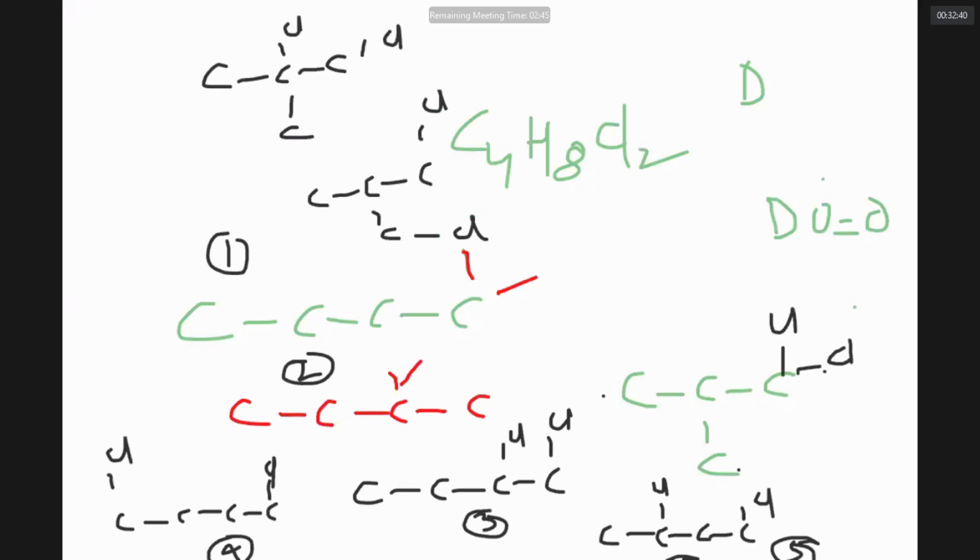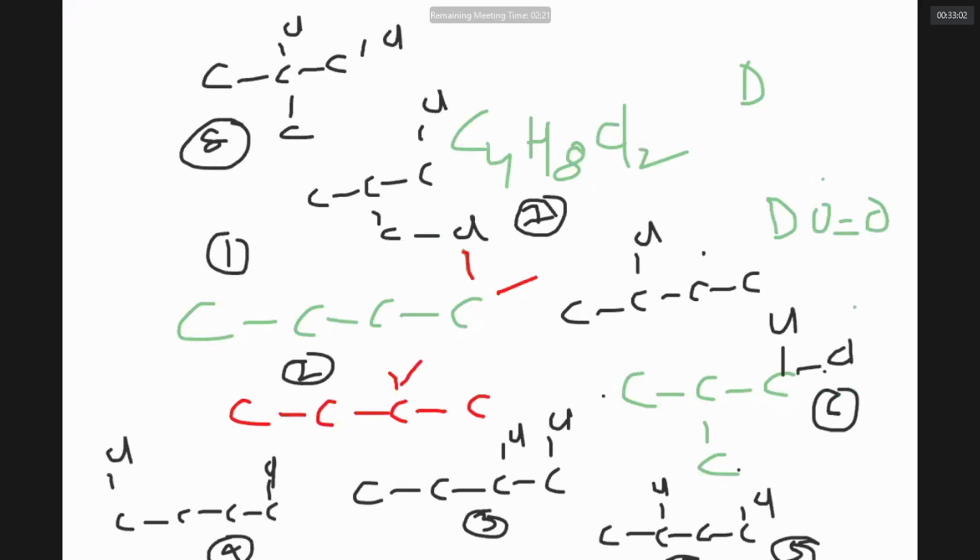It is the 6th possibility, the 7th, the 8th. Is there any other possibility, sir? There is one more possibility. I have deliberately left it. You have to identify. In the open chain, third carbon, I can write Cls here. This is the 9th possibility. So C4H8Cl2 can have 9.